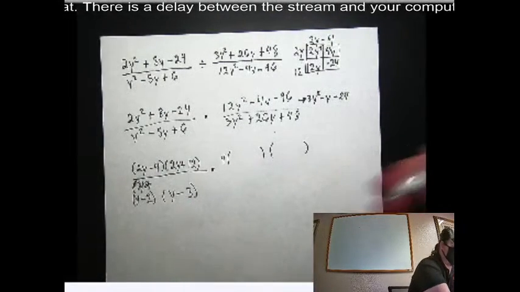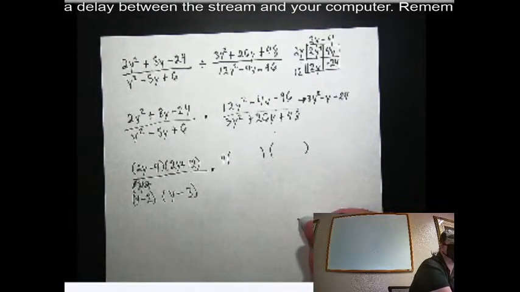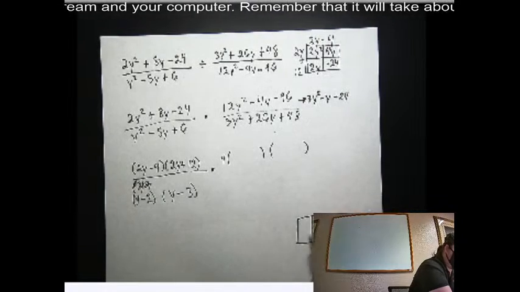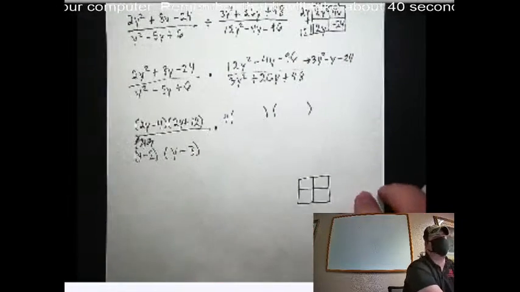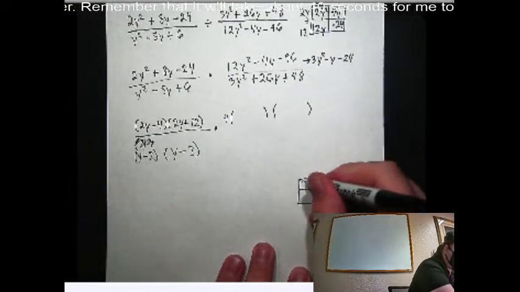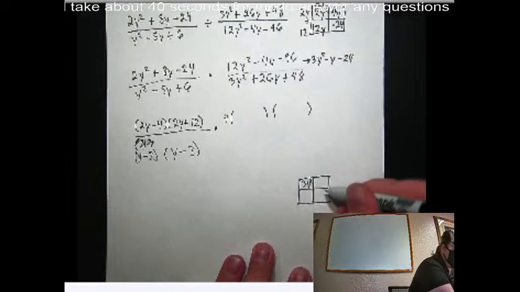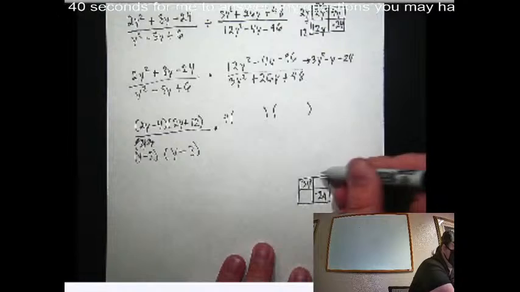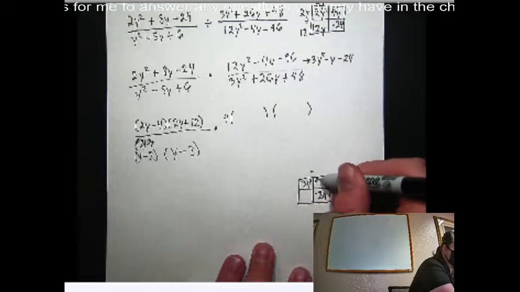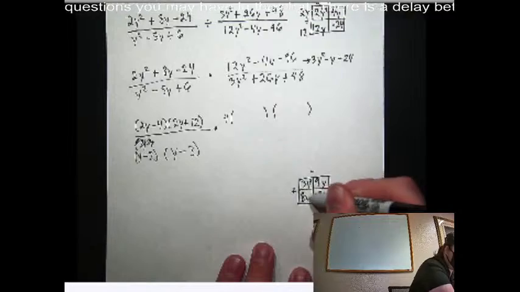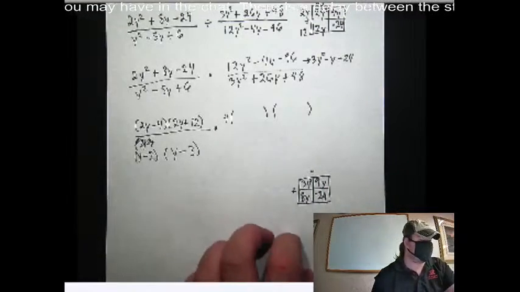Okay, so find some space for a box method here. So let's see what we get. We have 3y squared and negative 24. We'll do negative 9y here and positive 8y there.